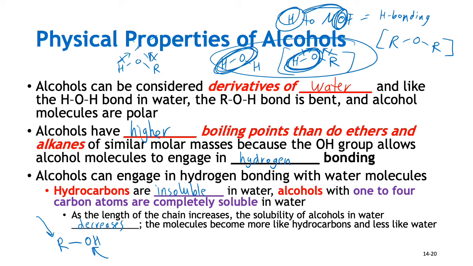Well, as this slide tells you, if your carbon length is 4 or less, okay, so 1 to 4, they're going to be soluble in water, which means methanol, ethanol, propanol, or isopropyl alcohol, butanol, and the isomers of butanol.